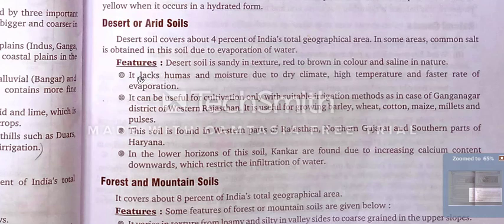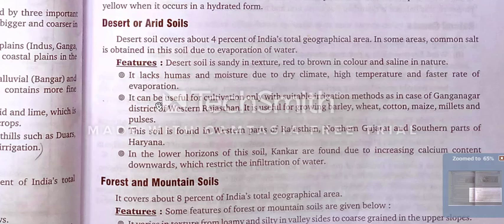It lacks means कमी, अभाव. It lacks humus and moisture due to dry climate, because there is hot temperature, high temperature, and faster rate of evaporation. Moisture can't be there for a long time. Its nature also becomes dry.